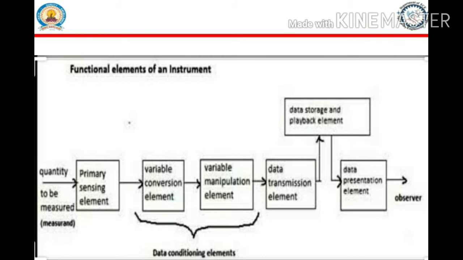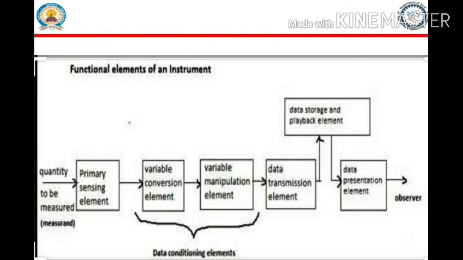Basically, the output stage is where your result will be calibrated and displayed, where your result will be indicated. The output stage is basically the indicating stage, or you can also use storage devices as the output stage.